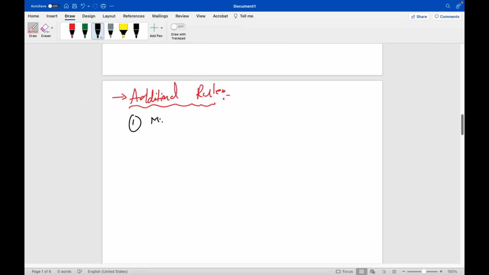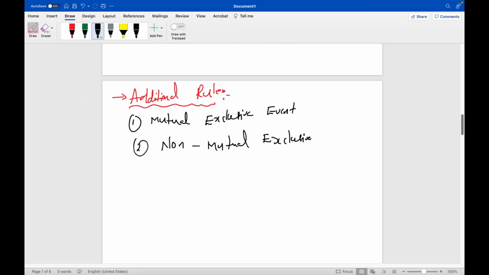One is mutually exclusive events, and the second one is non-mutually exclusive events.